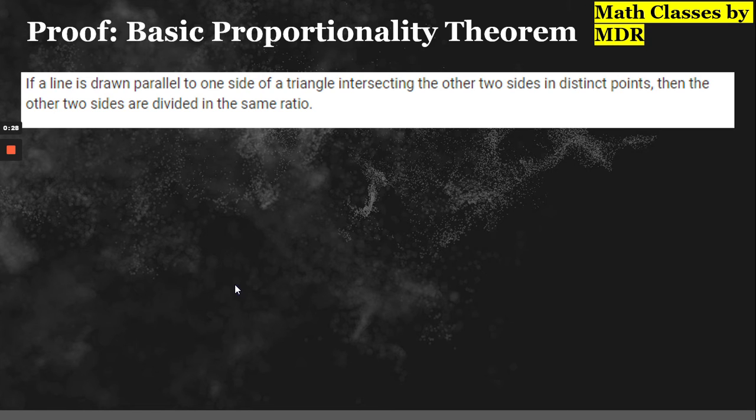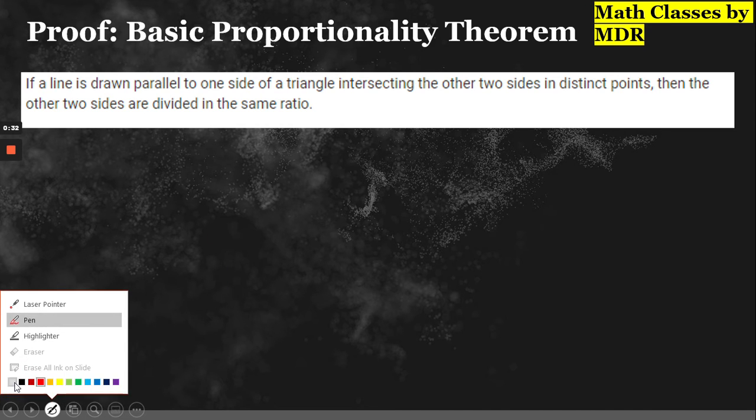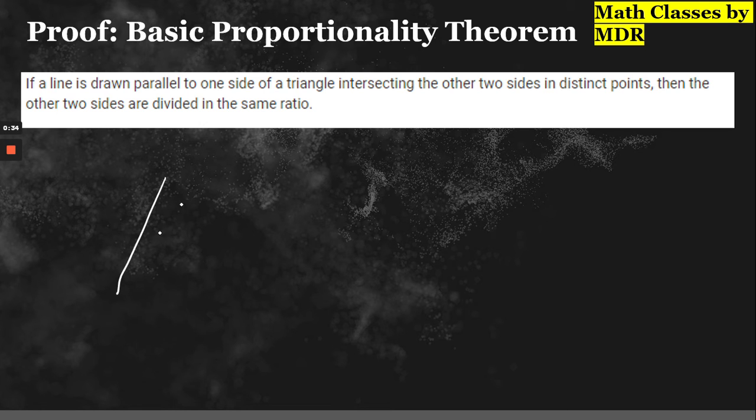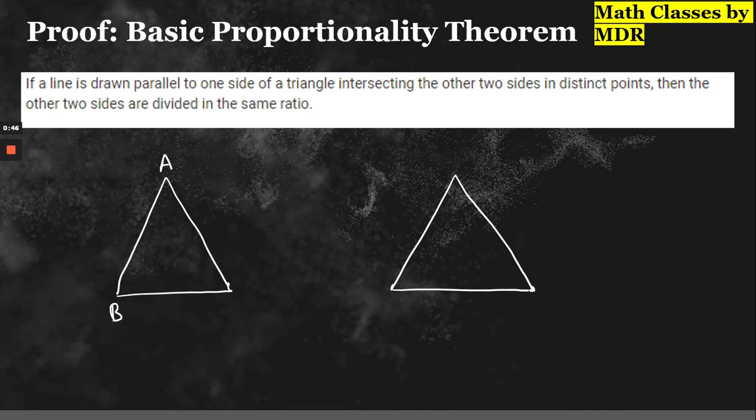If a line is drawn parallel to one side of a triangle, let me take one triangle here. Let's say that the triangle we have here is A, B, C. So from the basic proportionality theorem, a line is drawn parallel to one side.